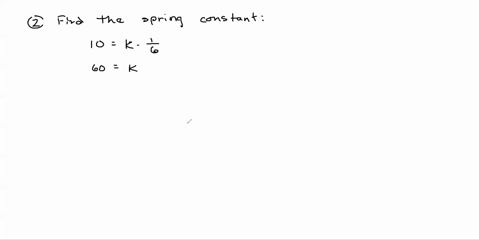Okay, so that's it. There is no external force and we don't have any damping. So if you just take those two solutions, put them together, you get 10 over 32 U double prime plus 60 U equals 0.